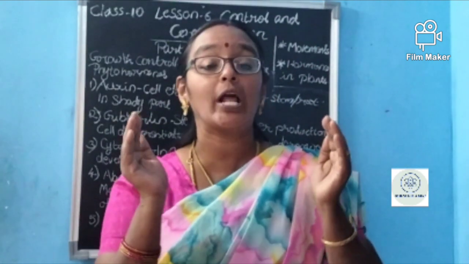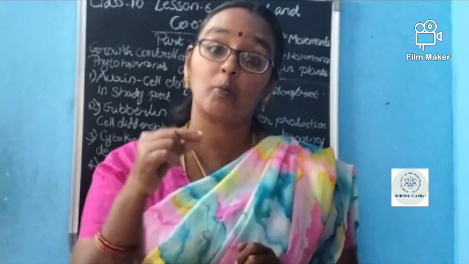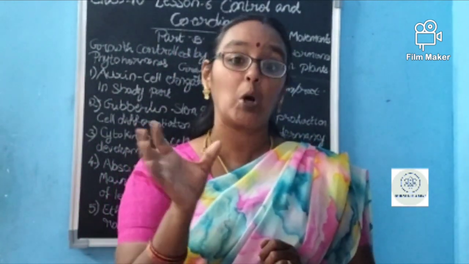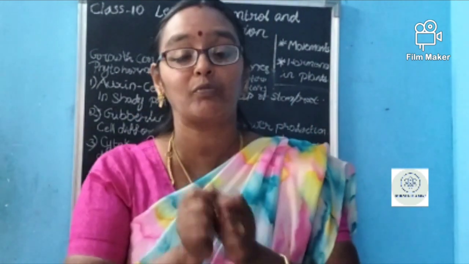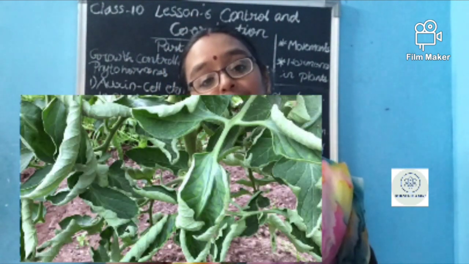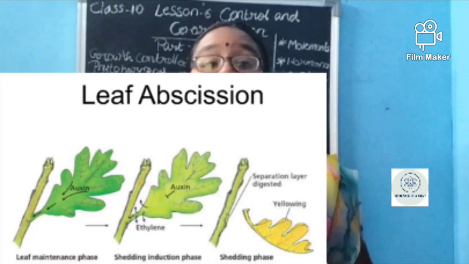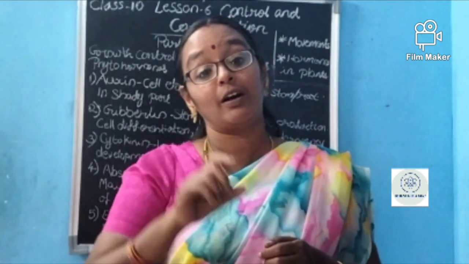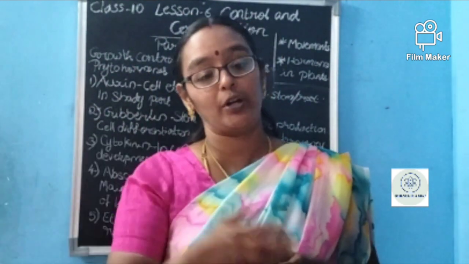And it also helps for closing the stomata. Stomata will be closed for more time than normal. Okay. And it also helps for the curling of leaves and the falling of leaves. Leaves will be curled. Have you seen some plants in which leaves are curled more? Okay, curling of leaves, and leaves will fall down.